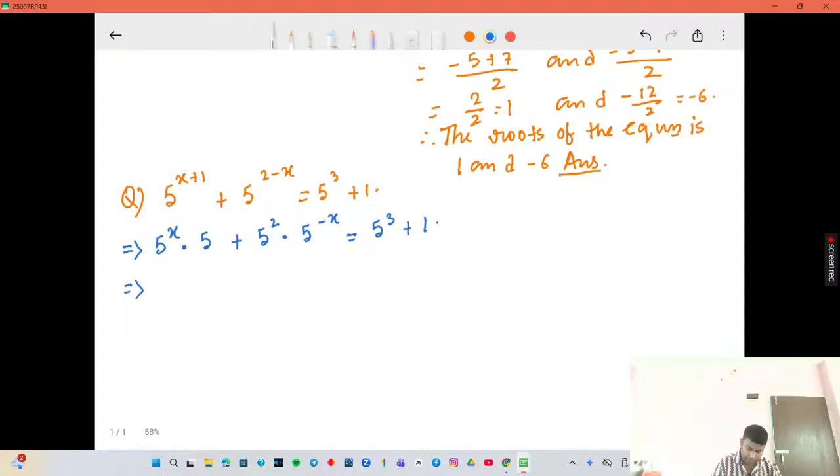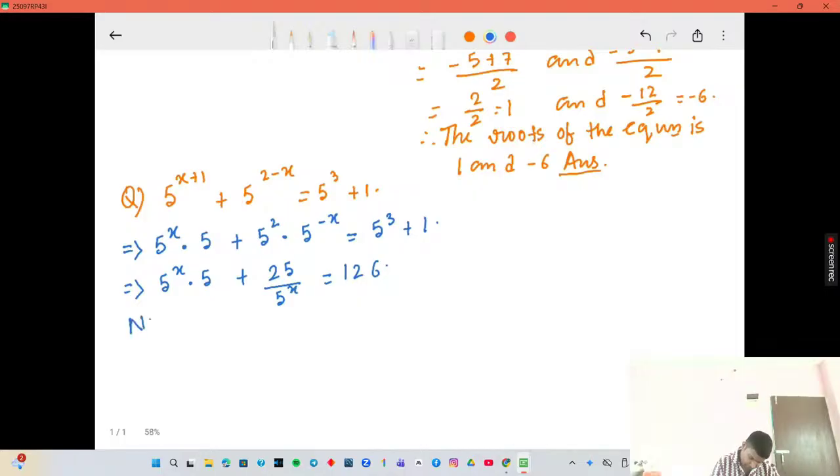We will take 5 to the power x as common. Then if we take this common, 5 to the power x into 5 plus 25 by 5 to the power x is equal to 126.